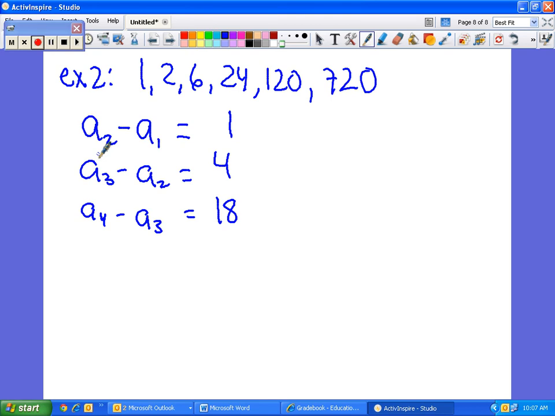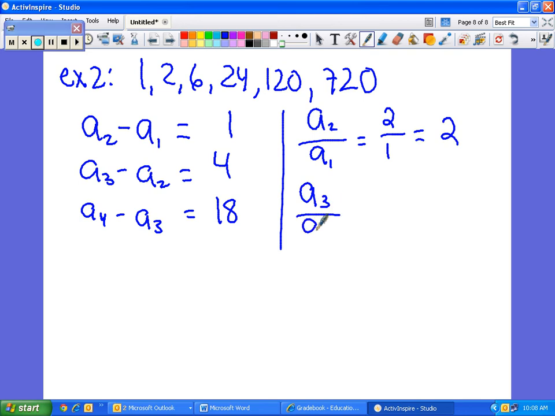But what if instead of subtracting, what if I divided? So a sub 2 divided by a sub 1 is 2 divided by 1, which is 2. Now, let's try the next one.